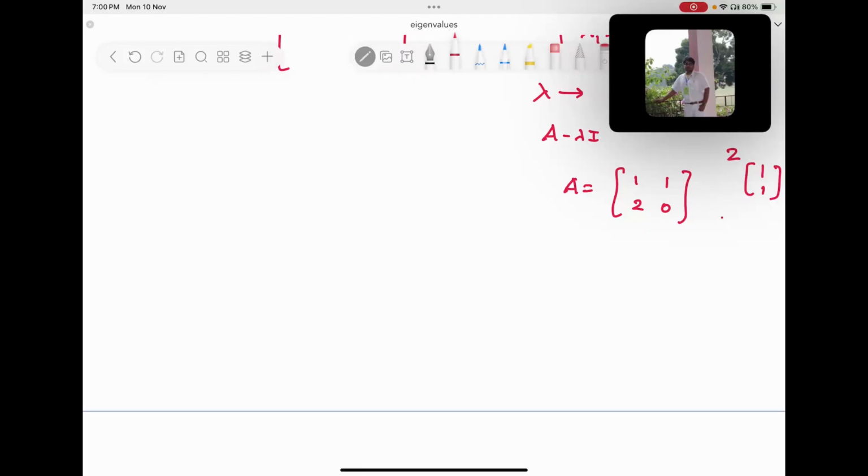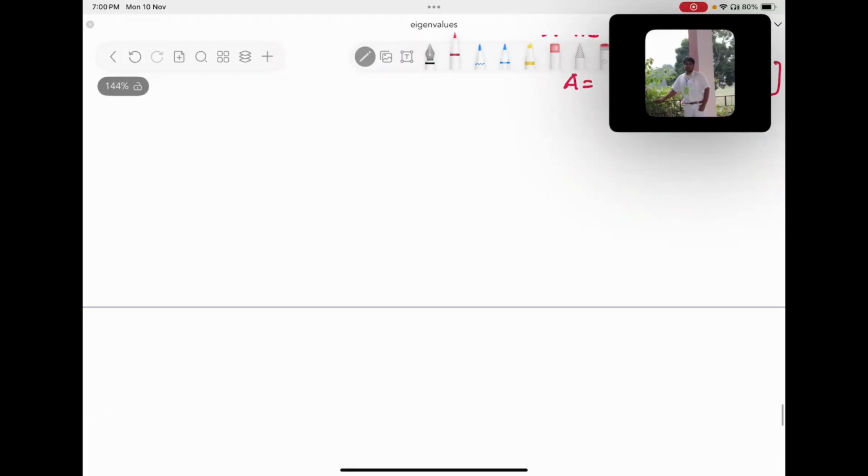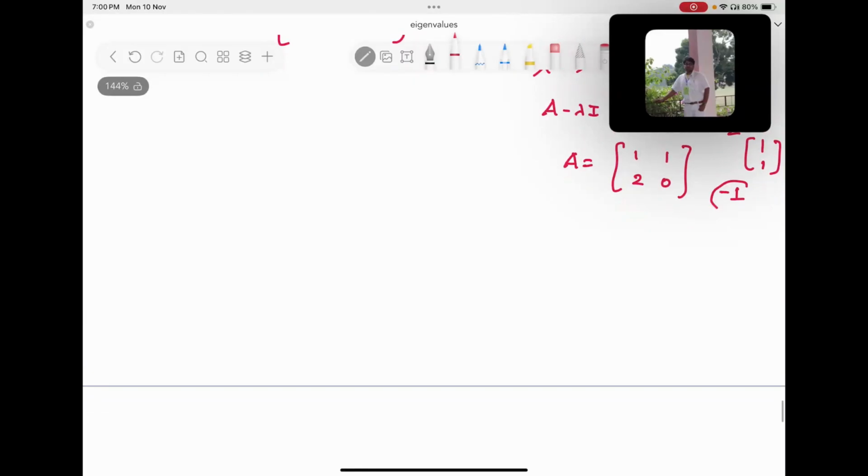And we have calculated -1 is also an eigenvalue for this matrix. Now we want to calculate the eigenvector corresponding to this -1. So what you will do? Just calculate A minus lambda I. So lambda is -1, so A plus I. So it will be 2 1 2 1.